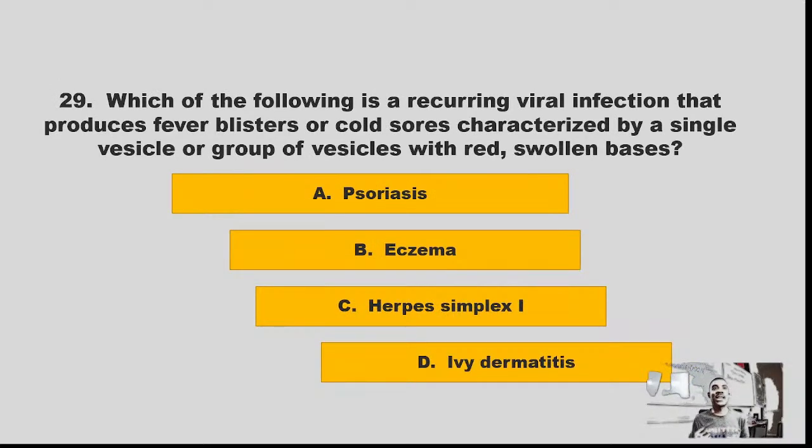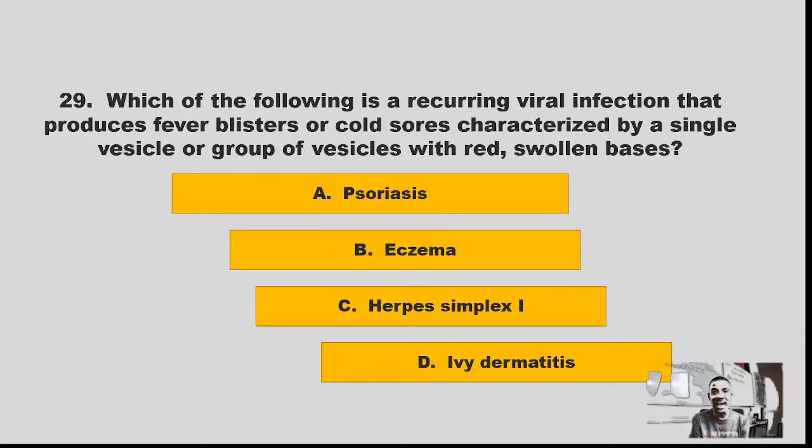Which of the following is a recurring viral infection that produces fever blisters or cold sores characterized by a single vesicle or group of vesicles with red swollen bases? So is it psoriasis? Is it eczema? Is it herpes simplex 1? Or is it IV dermatitis?